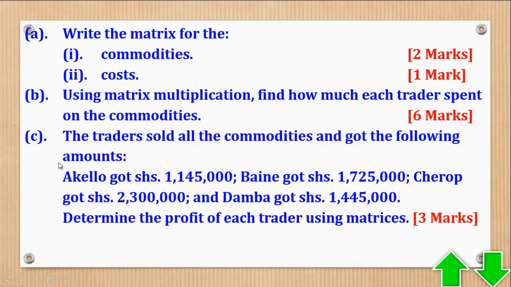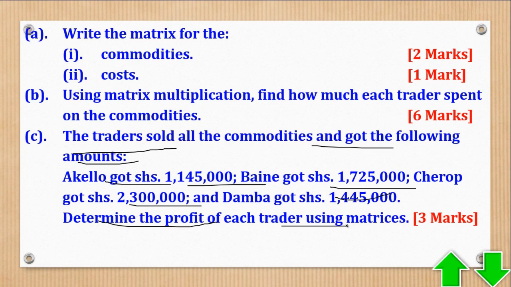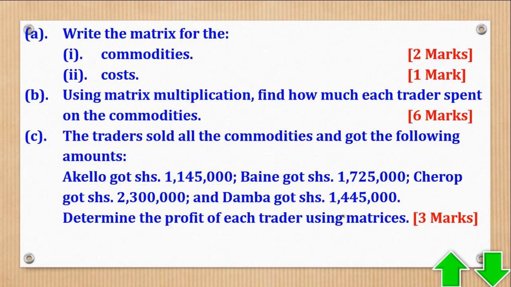For part C, they said the traders sold all the commodities and got the following amounts. Akelo got this, Bine got this, Cherop, and Damba. Determine the profit of each trader using matrices.